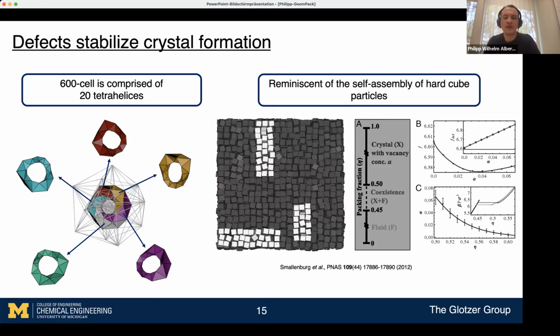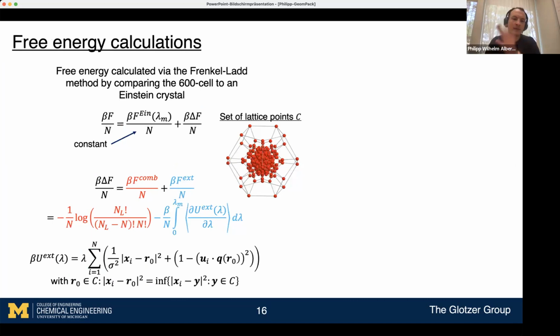And to look at it a little bit further, we also did free energy calculations by using the Frenkel-Ladd method, and compared to an Einstein crystal. And I don't want to go into detail about the equations, but basically what you have to consider is first the free energy of the particles, but also a combinatorial contribution if you have defects present in the system.